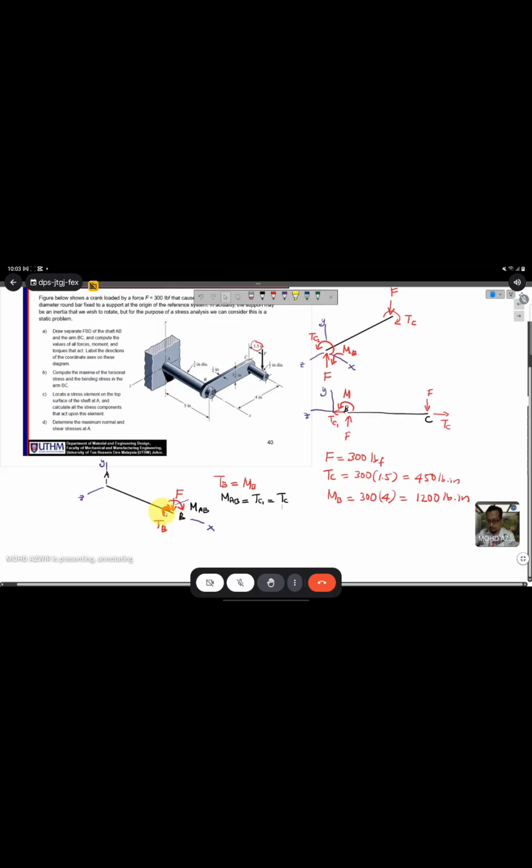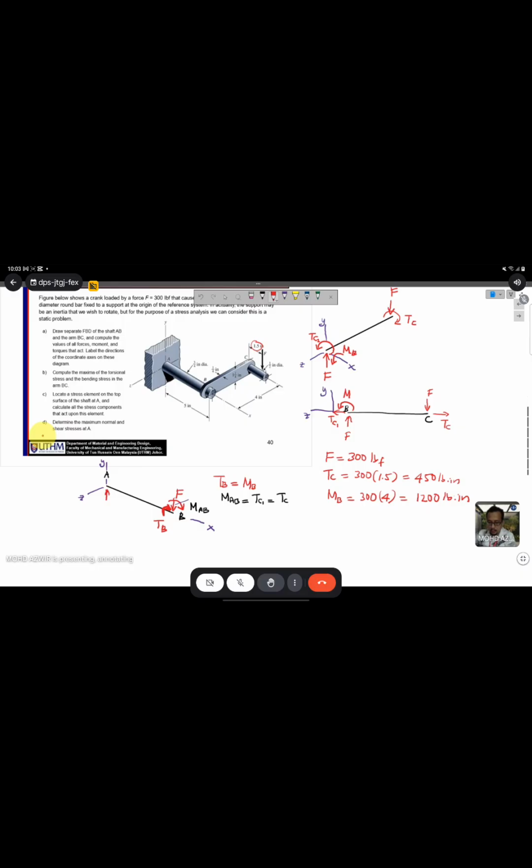Okay, so this is the action force, and then you need to put the reaction force at the end of A here. So the direction will be opposite for this one.